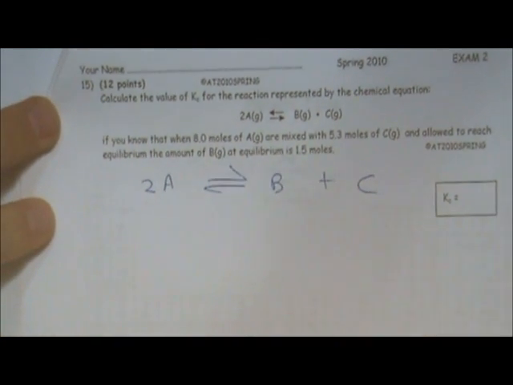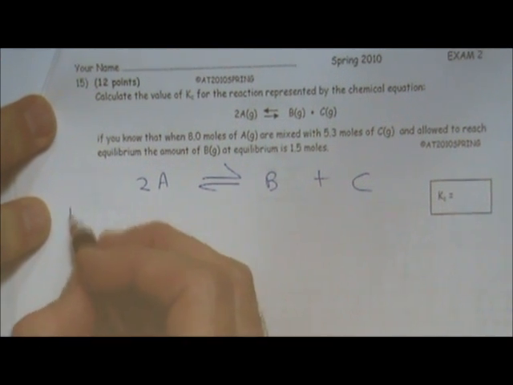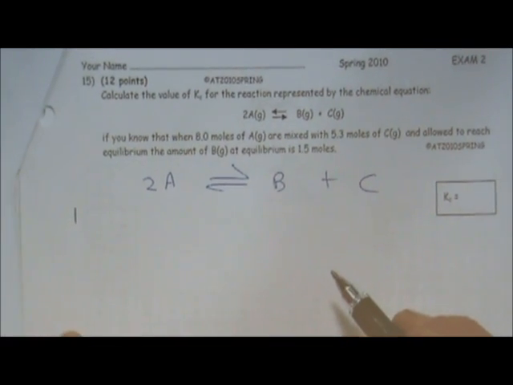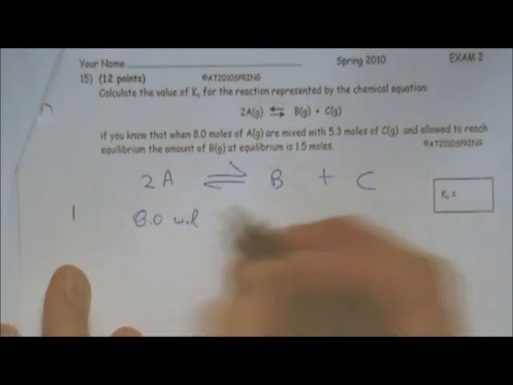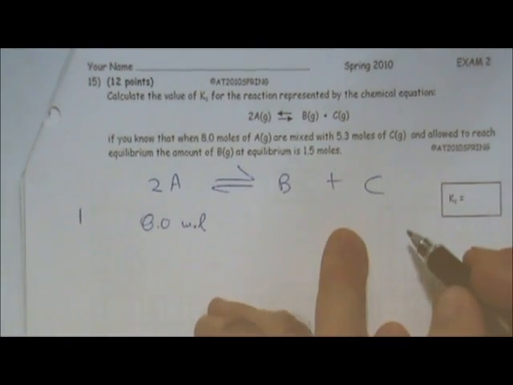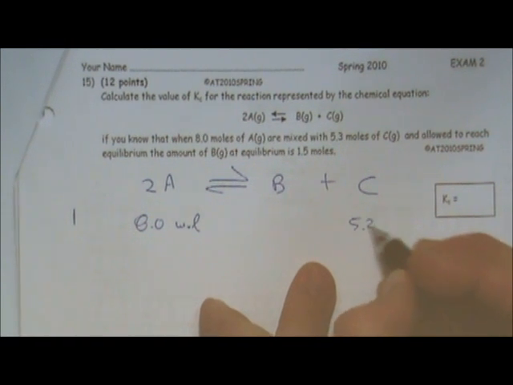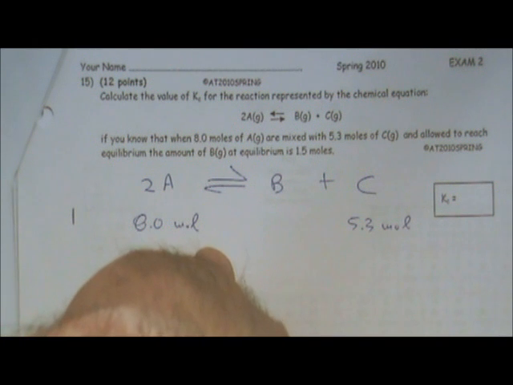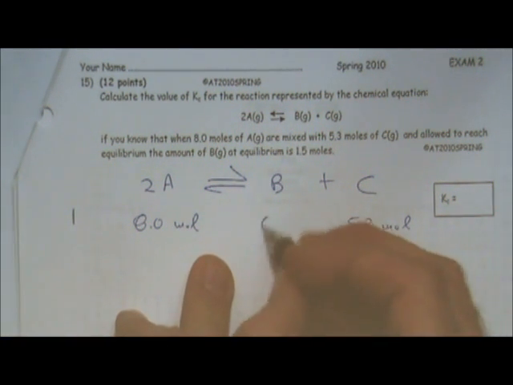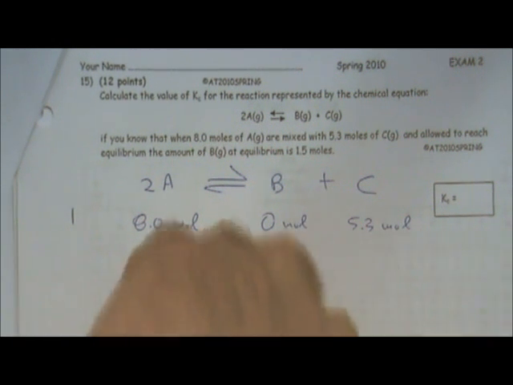Okay, and we do the ICE table. Initial concentrations will be 8 moles of A, C is 5.3 moles, and it doesn't say anything about B, so I assume it's 0. We don't have any B, so 0 moles initially of B.